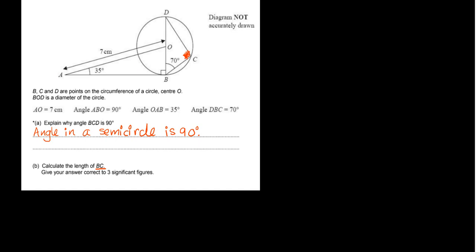So I'm going to label this for triangle ABO in blue, and for triangle BCD I'm going to label it in a different color. The angle is 35 degrees, so OB is the opposite side, AB is the adjacent side, and AO is the hypotenuse.